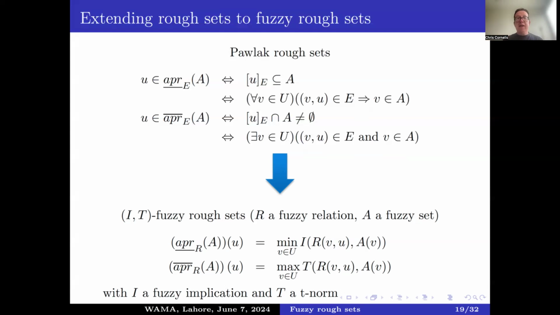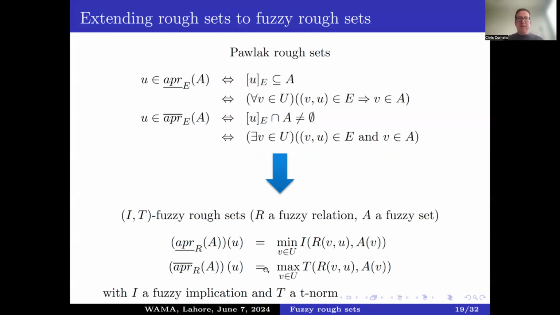So basically, those are binary operators which take two values in the unit interval 0, 1 and give you back one value, which gives you the value of logical implication or conjunction. And for the quantifiers, the for all quantifier is typically replaced by the minimum over the set U, and the existential quantifier is replaced by the maximum.